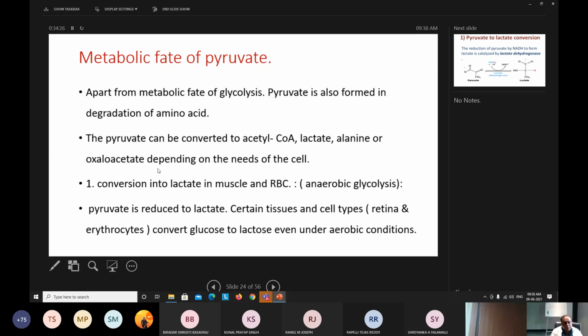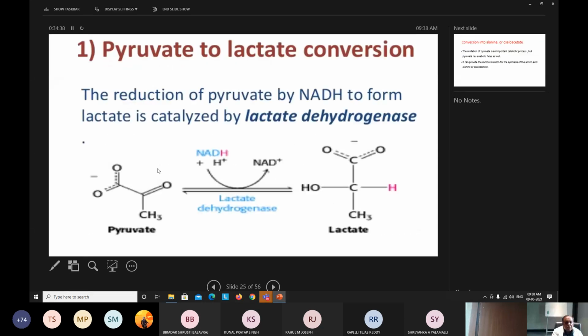This reaction occurs in the presence of NADH, which is converted into NAD, and the enzyme lactate dehydrogenase converts pyruvate into lactate. This is one fate of the pyruvate.